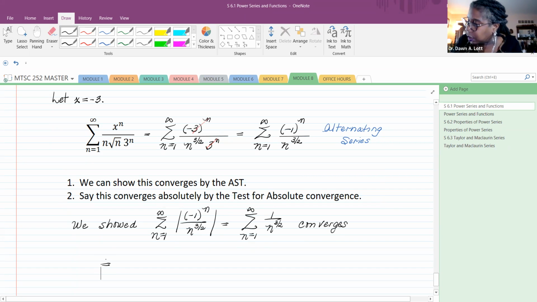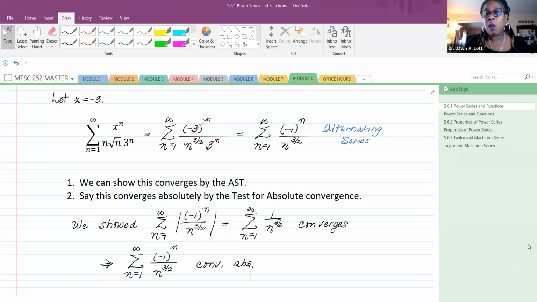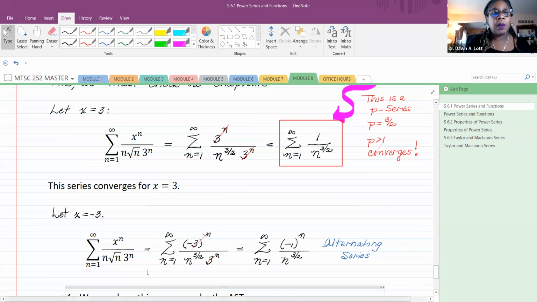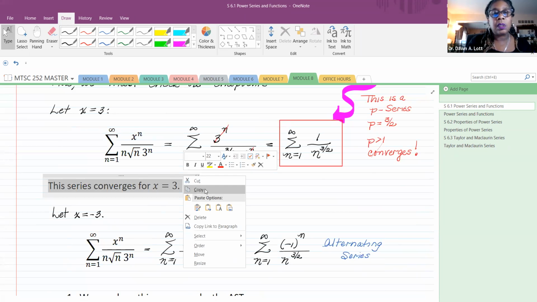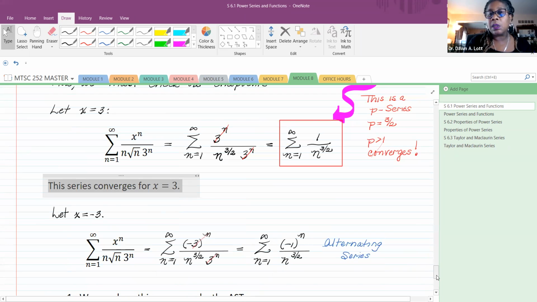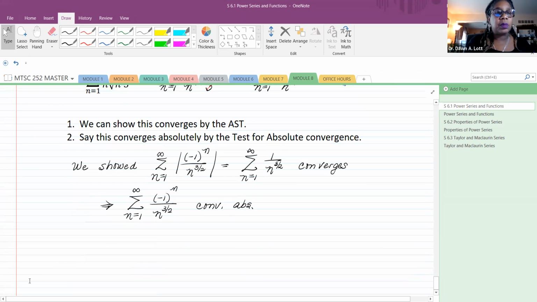So that implies then that the original series, (-1) to the n over n to the 3/2, converges absolutely. Okay, so now we can say the series converges at x equal to minus 3.